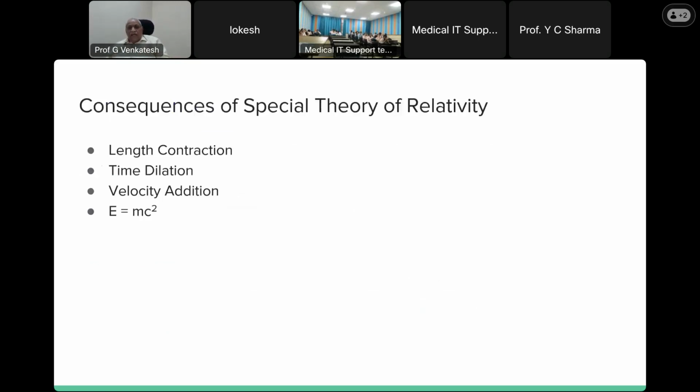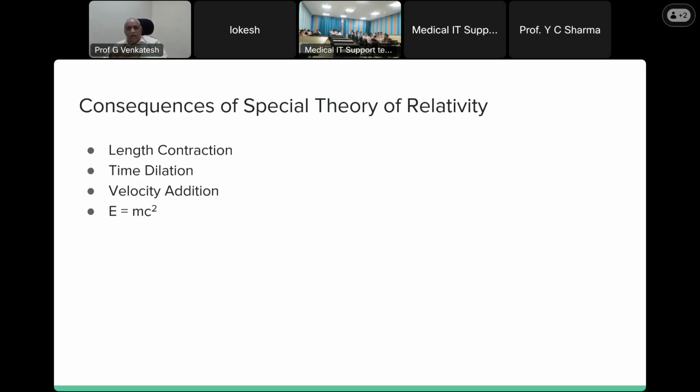And as a consequence of the special theory of relativity, we have a number of interesting results. The length contraction, that is, if you think of an object which is moving at a very fast speed, comparable to the speed of light, the length of the object gets contracted. This is known as length contraction.